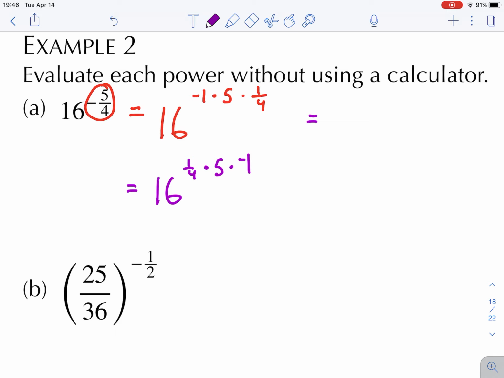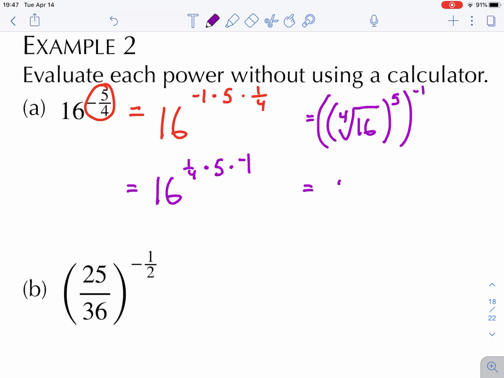Now I'm going to rewrite it using our power to powers. Well, 16 to the power of 1 over 4, that's going to be the fourth root of 16 to the power of 5 to the power of -1.